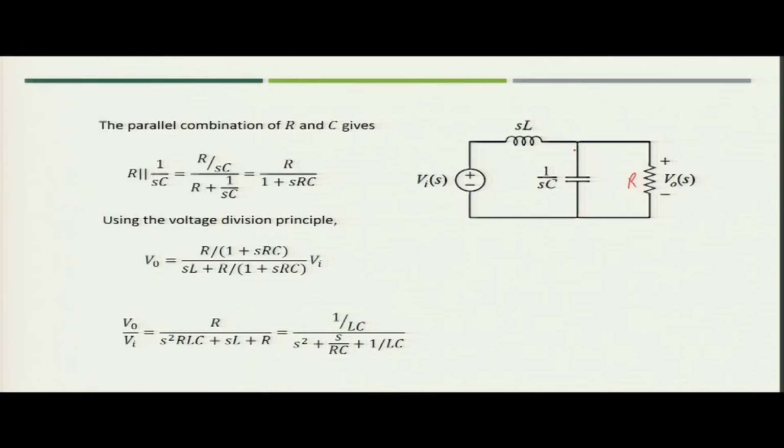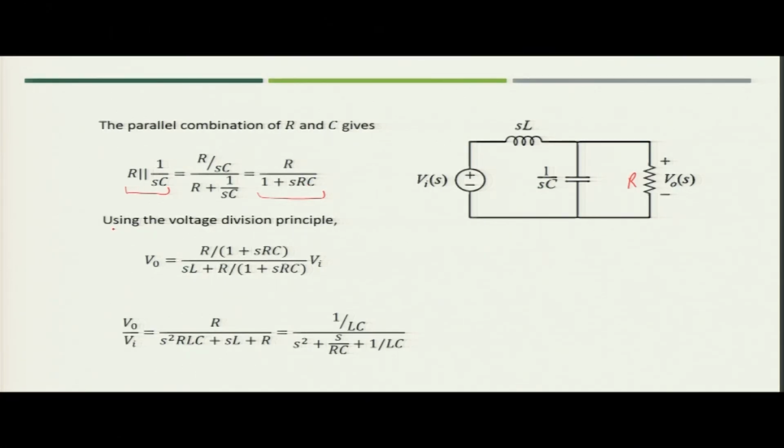Now, the capacitor and the resistor are in parallel, and this voltage would be applied across both the components because both are in parallel. So, we can find out the equivalent impedance of this particular parallel combination. So, what value do we get? Since R is in parallel with 1 by SC, when we solve that we will get the equivalent impedance in S domain, that is nothing but R upon 1 plus SRC.